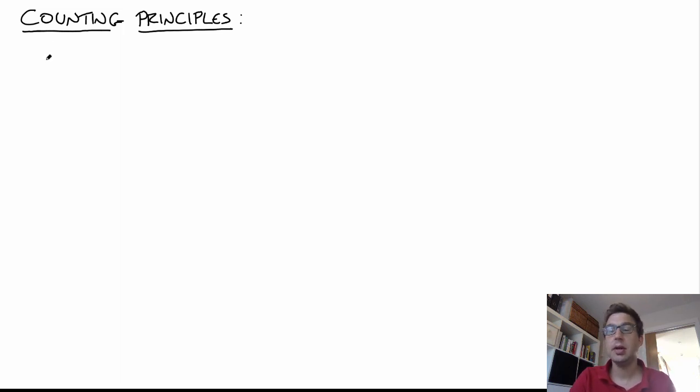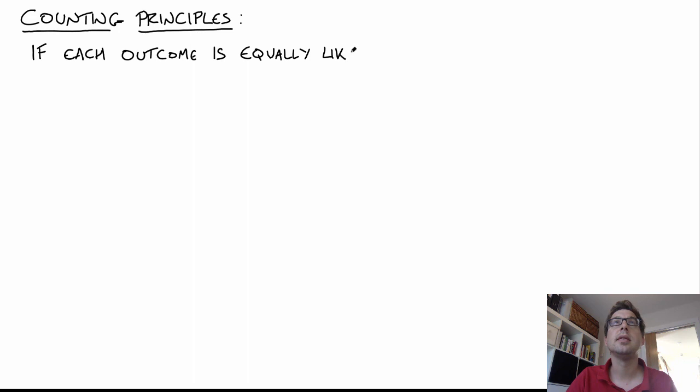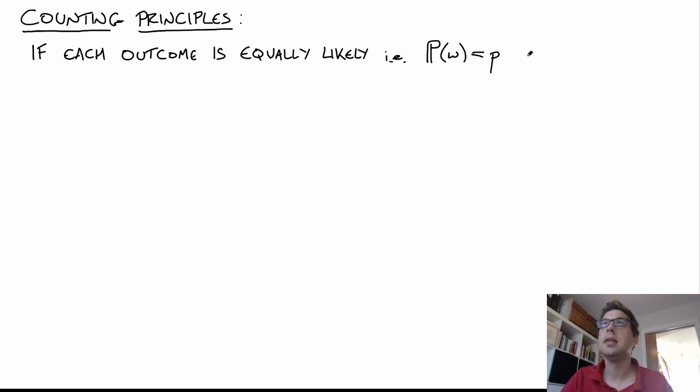Okay, so if we consider a probability space, or a sample space, and we suppose that on that sample space each outcome, so each individual thing that can happen, is equally likely, i.e. that the probability of an outcome omega is some constant p, and that constant's the same obviously for all of the outcomes in our sample space.